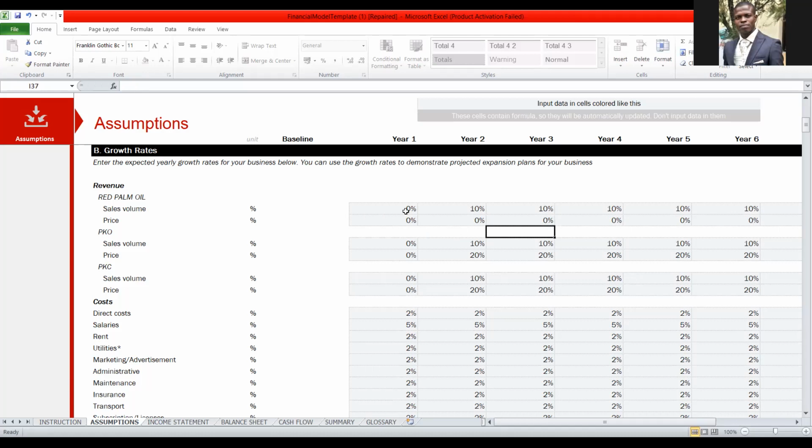Then for your sales revenue, let's project that our sales will increase 30% per annum. Let's say 30% per annum. All this is already forming your income statement.